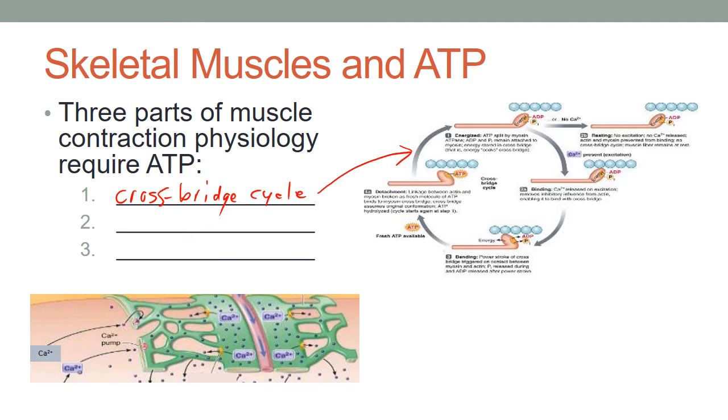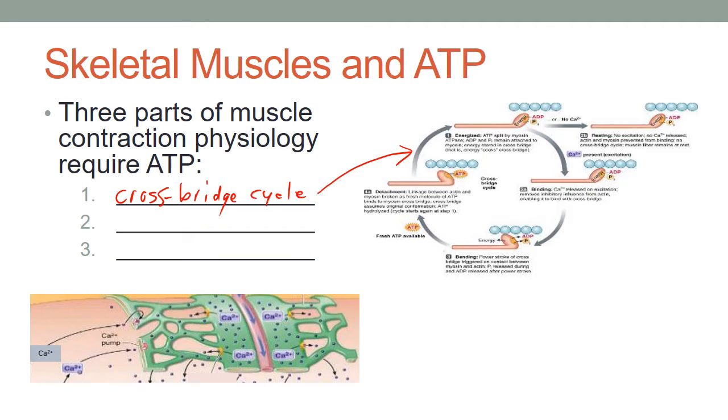And so every time your muscle contracts, every single loop through the cross bridge cycle uses another ATP, and multiply that by however many thin filaments and thick filaments you have interacting down the length of your muscle. That's a lot of ATP that you're using for every little millisecond of contraction.